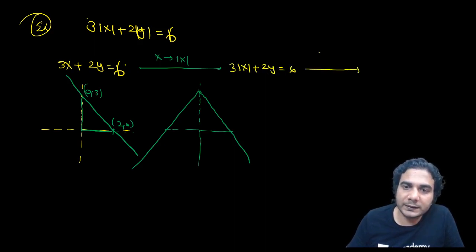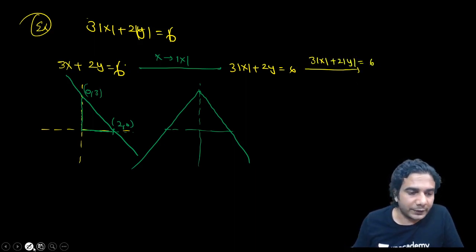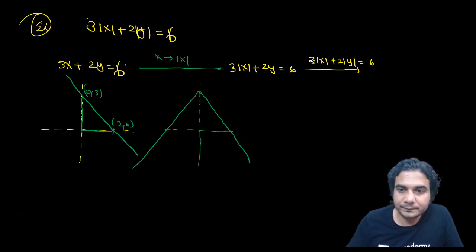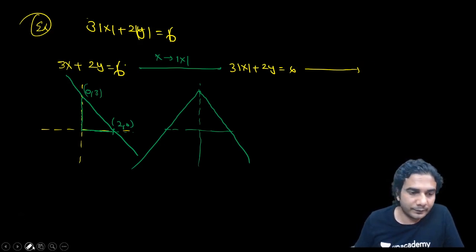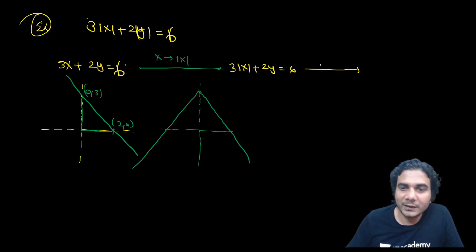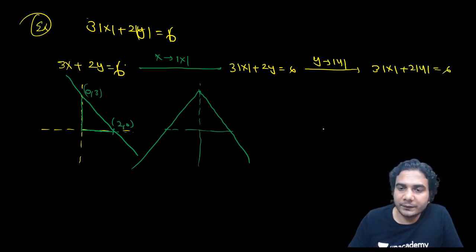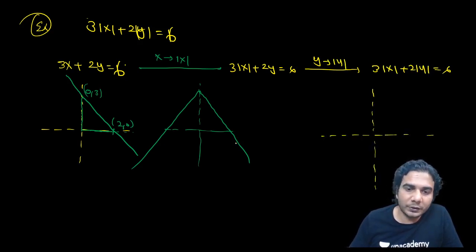Now the final step: y is replaced by mod of y. So you'll get 3 mod of x plus 2 mod of y is equal to 6. Let's see which diagram this will be. Finally, you need to remove this portion which is below the x-axis, and take the image of the remaining.